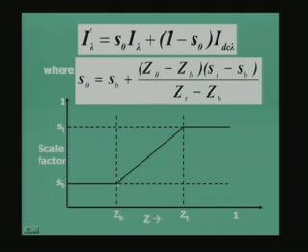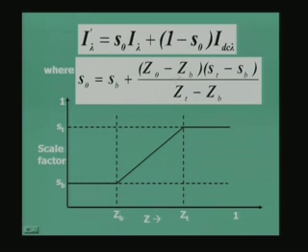If Z naught is less than that, it will still remain SB, but we are ensuring that the value of Z naught always lies between ZB and ZT. I repeat, Z naught, which is the depth of the object point, lies between the values ZB and ZT, that is, the minimum value of Z naught is ZB and the maximum value of Z naught is ZT here, and it is a linear functional form.